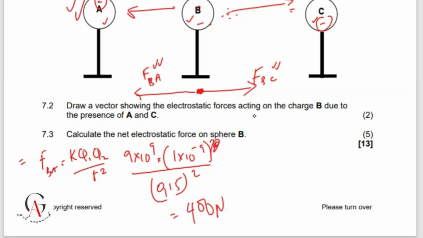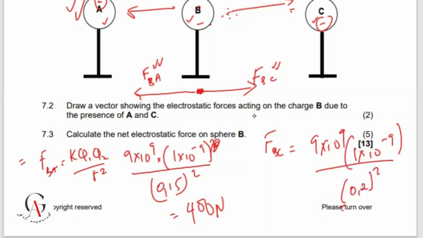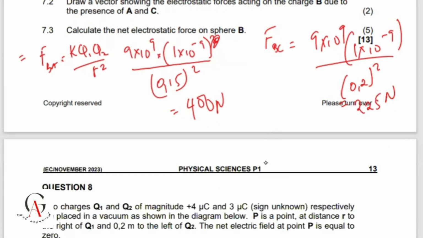Then if I look at that other force, the BC, I'll do the same thing. The only difference that's going to change is just the distance of separation. So 9 times 10 to the 9 multiplied by 1 times 10 to the negative 9 over 0.2 squared. If I do that, I'll end up with 225 newtons. Now, the fact that both forces are acting in opposite directions, then I'll have to subtract.